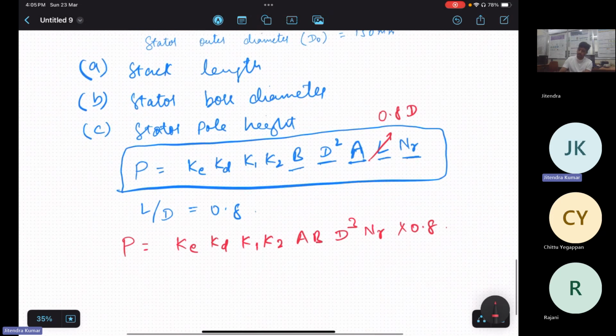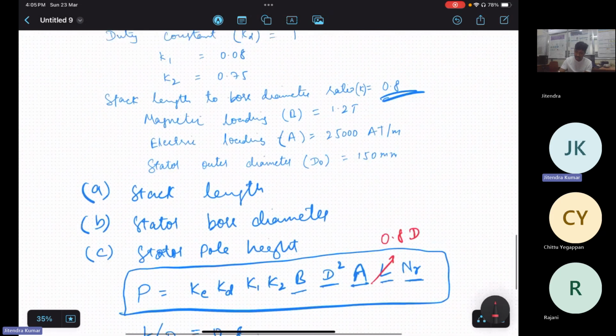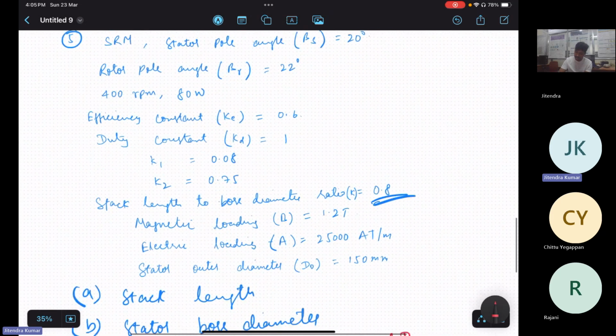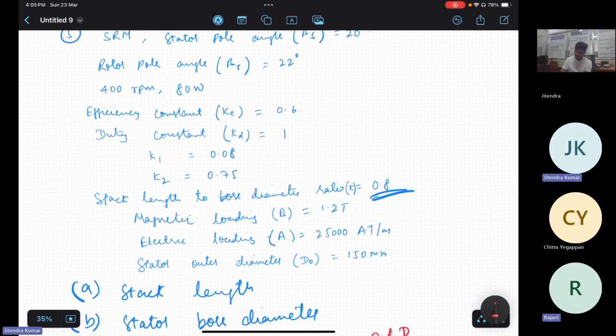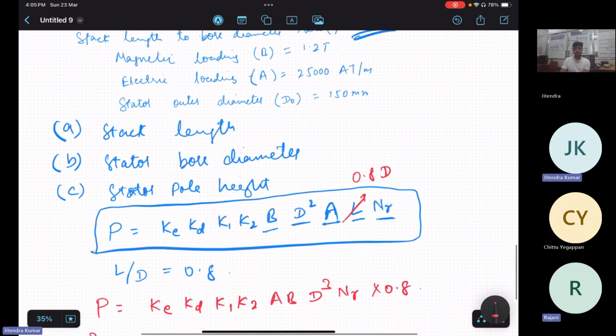Now D, if we have to calculate, D is given, isn't it? The stator outer diameter they have given, 150 mm.